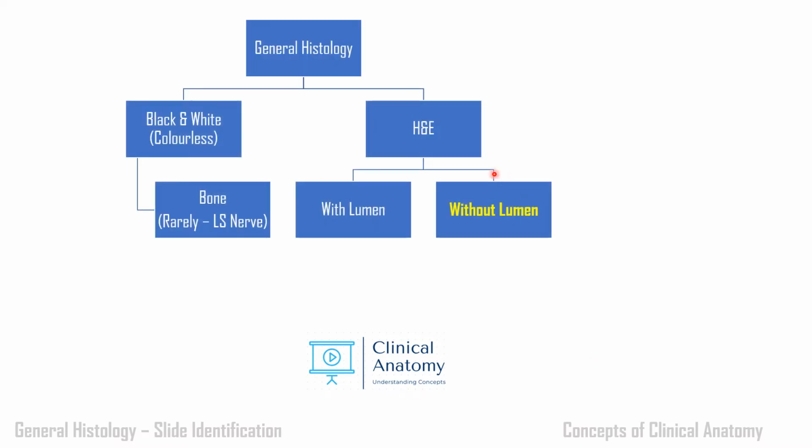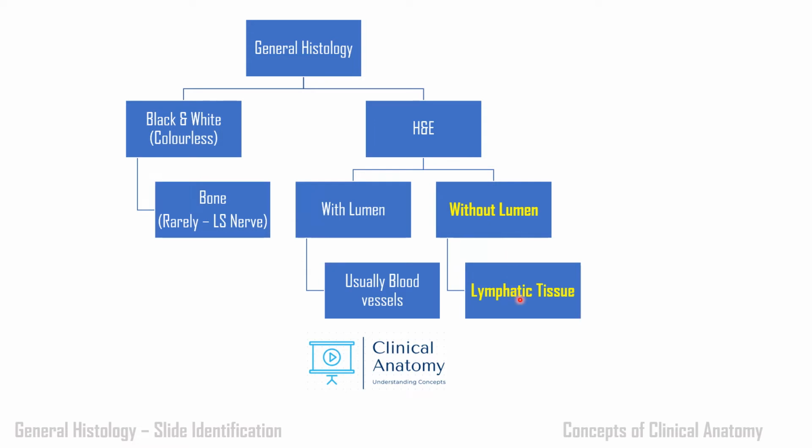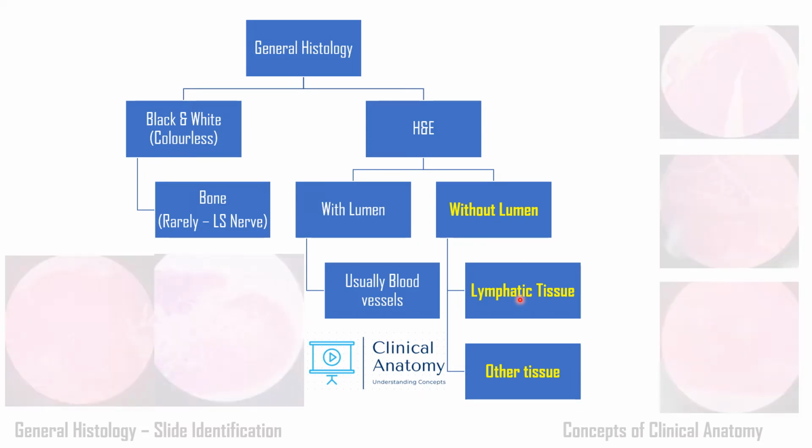So till now we have seen the slides which have a lumen, that is the blood vessels. Then slides without lumen: first is the lymphatic tissue and other tissues. Why am I categorizing lymphatic tissue?